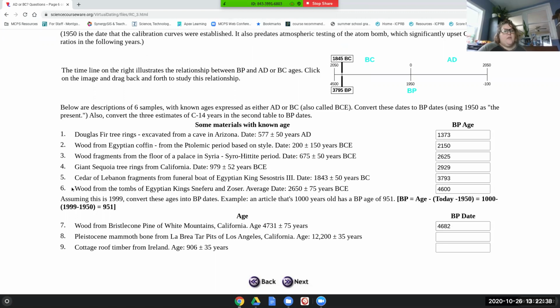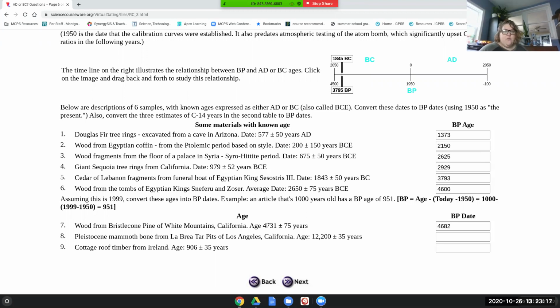Okay. Then on the bottom, assuming this is 1999, convert these ages into BP dates. Example, an article that's 1,000 years old has a BP age of 951. So the age on here minus 1999 minus 1950. So if the BP, an article that's 1,000 years old, its age is 1,000 minus 1999 minus 1950, you get 951.